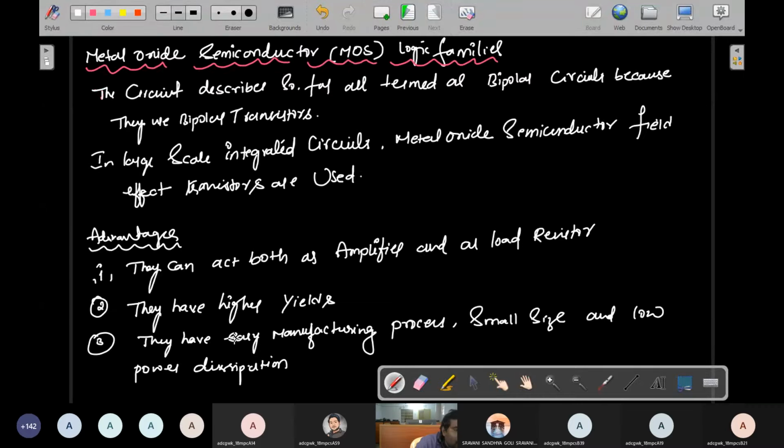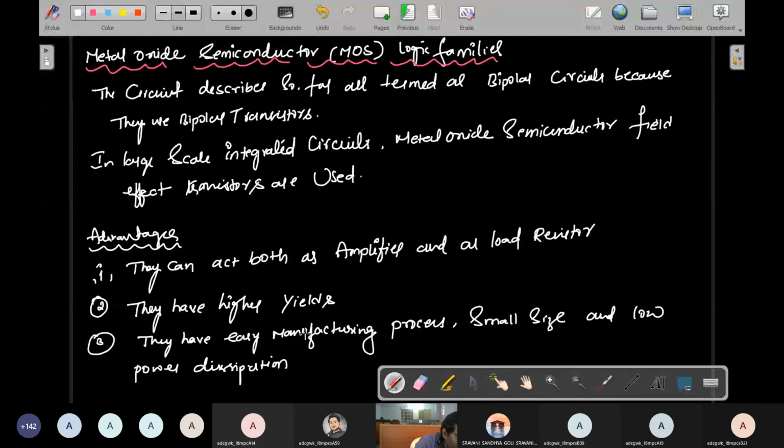The fourth point is that for the MOSFETs used to construct these logic families, the enhancement type MOSFET is mostly preferred. Why? Because in enhancement mode there is no channel present. There is an n channel and a p-type substrate: the p-type material is diffused with n-type regions, but there is no channel present between the two n-type materials.